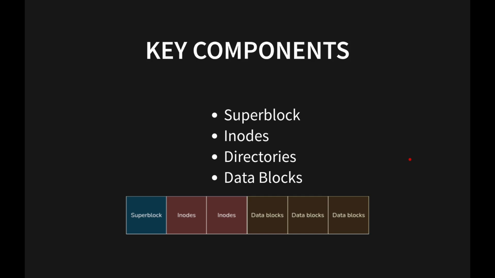You can think of how they would look on the disk through this image. Usually the first block is the Superblock, which we're going to come to in a sec, but it's like metadata of the file system itself. And then you have inodes and inode tables, and finally after those we have the data blocks themselves.